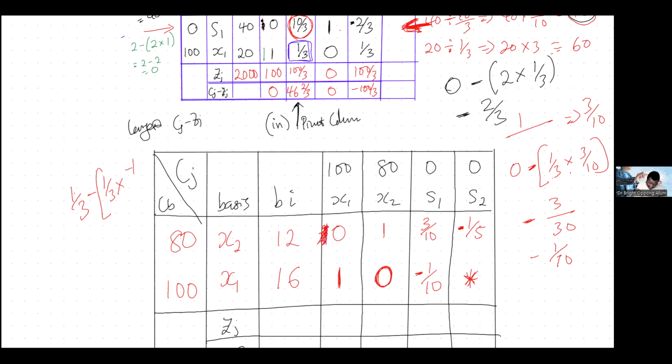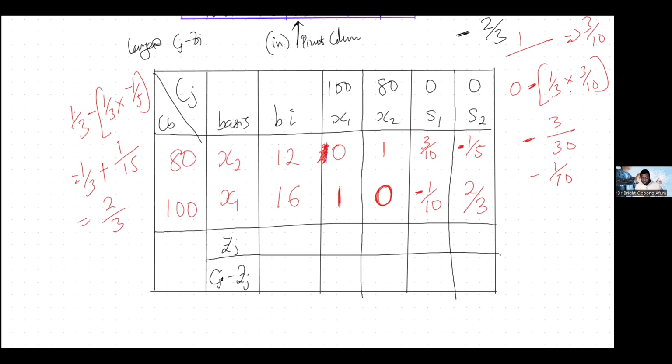And this one will be 1 on 3 plus 1 on 15, which is 5 over 15, and I think 2 on 3. So this will be replaced by positive 2 on 3.